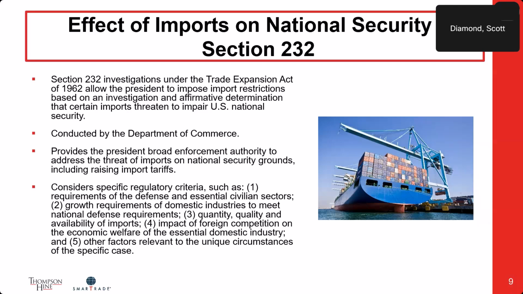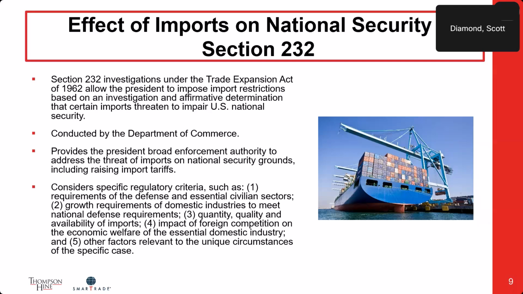And in most cases, this 201 will result in negotiations with the involved foreign country to seek to address and alleviate the problem. But ultimately, it's to help U.S. industry return to health, and any actions taken are temporary. The most recent one, just this past November, actually just resulted in tariff rate quotas being implemented for 4 years.